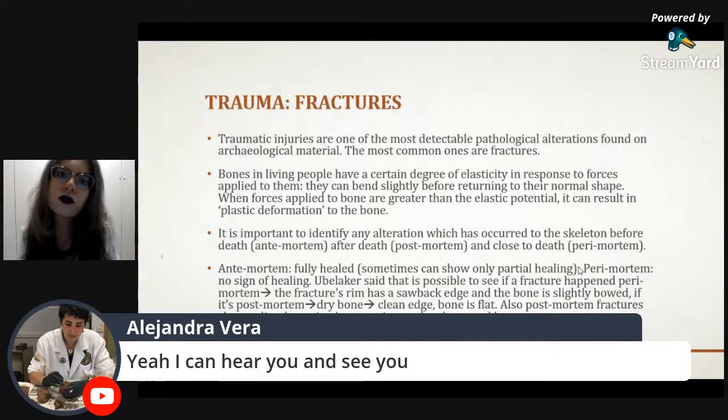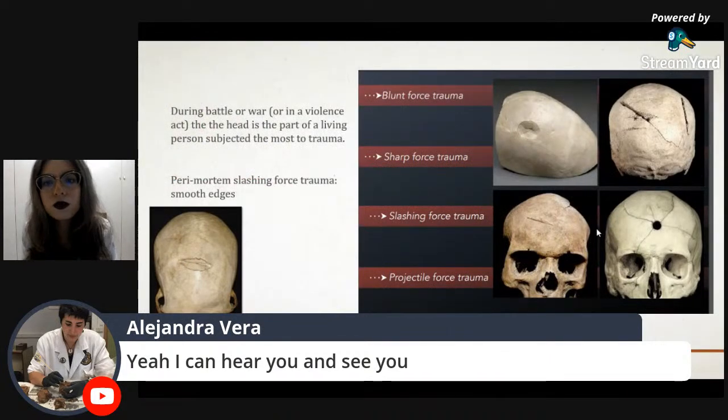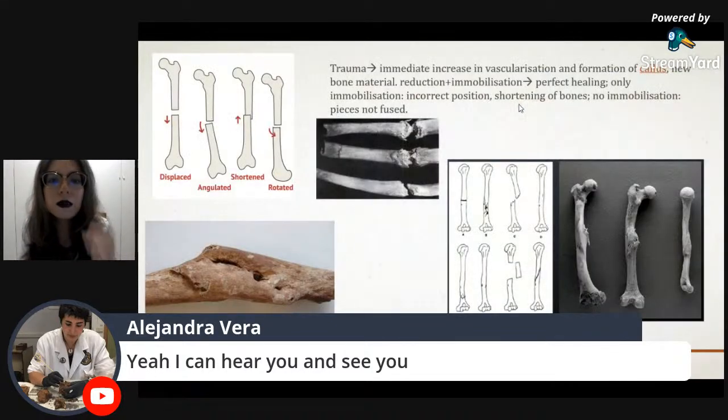It's very common during an excavation that the archaeologist breaks the skull, giving a sort of blunt force trauma injury, a very circular indentation, but it's not.